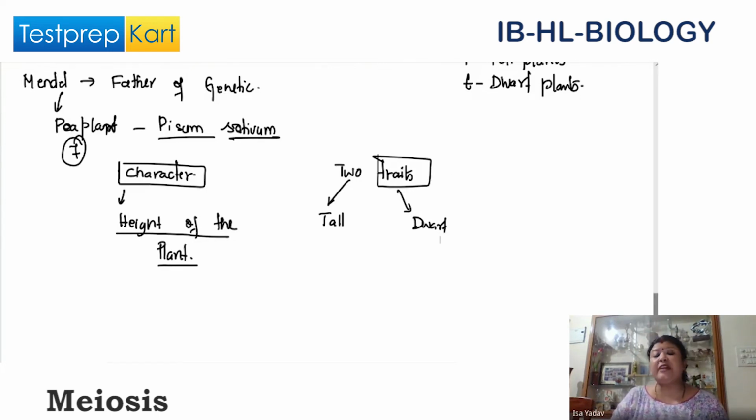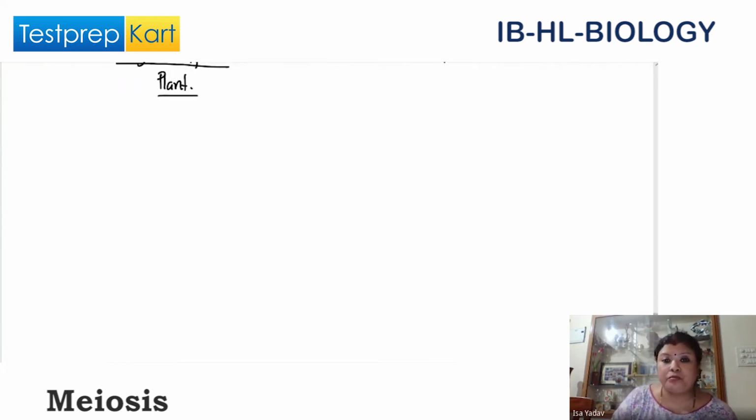Like this, he took 7 contrasting characters and then he devised different types of cross.